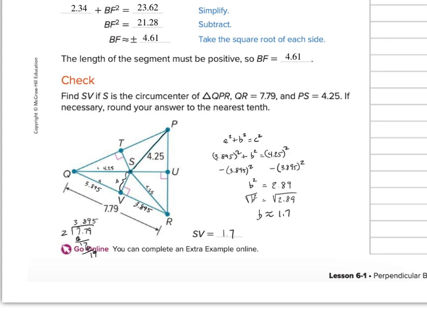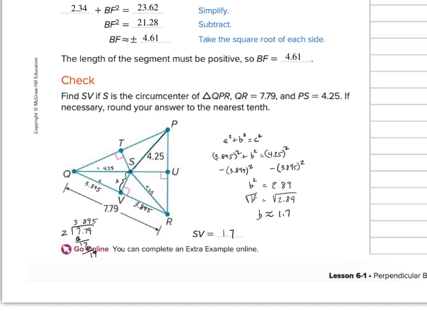All right, so as we do the Pythagorean theorem to solve for that, you have a, b, c, so a squared plus b squared equals c squared, and then I subtracted a squared from both sides. So b squared is going to be 4.25 squared minus 3.895 squared, which came to approximately 2.89.